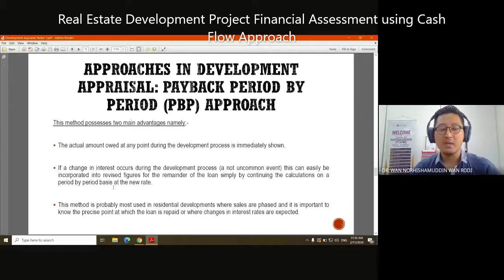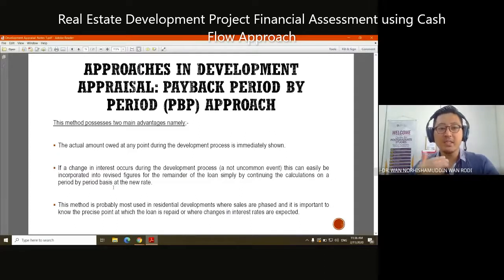Let's say if the bank changes the interest: for period 1 and period 2 the interest is around 7%, and then for period 3 to period 4 the bank decides to change the interest to 8%. We can simply change the interest to recalculate all the projected cash flow amounts.